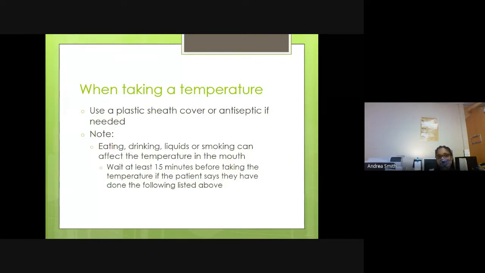If you have somebody that comes in and you take their temperature and it's 92 degrees Fahrenheit, well, you need to ask them, did you just drink something? Oh yeah, I just had a cold bottle of water. Okay, well, we're gonna have to wait 15 minutes to take your temperature. And generally, you don't have to wait the whole 15 minutes just standing there looking at them. Do something else. Take their blood pressure, do an exam, come back to it. But you still have to do a reread of their temperature.